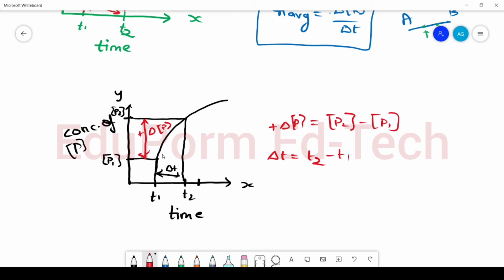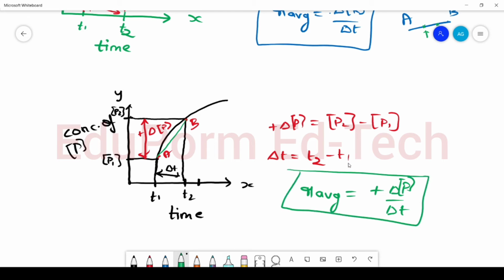And if this is point A and this is point B, in this case also we are getting the rate between point A and point B. So it will be the average rate, where R average will be equal to plus delta P upon delta T, where the plus sign indicates the increase in concentration of product.